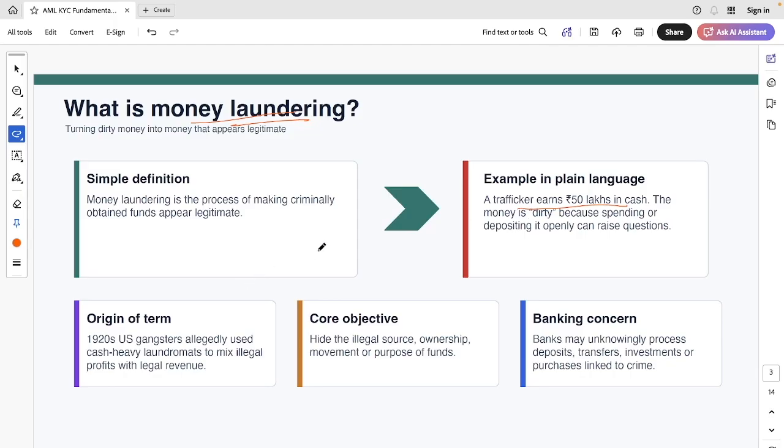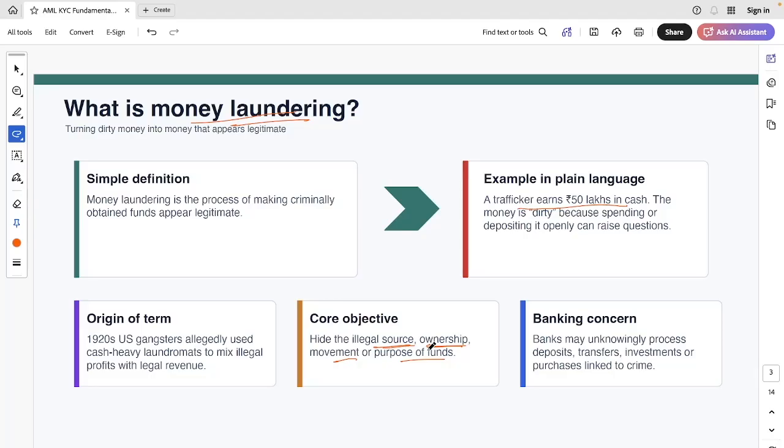So the core objective is to hide four things basically. One is the source, the illegal source. Second is the ownership, the real owner, then the movement of funds, and the actual purpose of the funds. Think of money laundering like washing a stained shirt. The original stain is the crime.